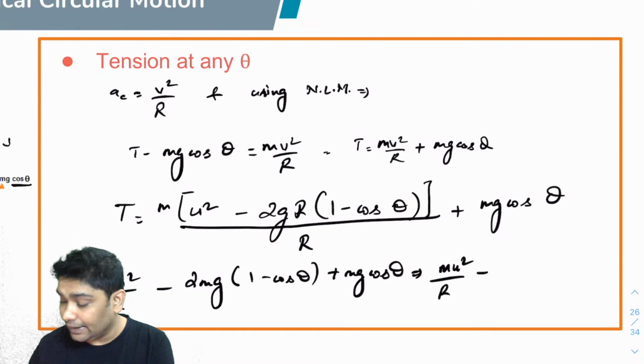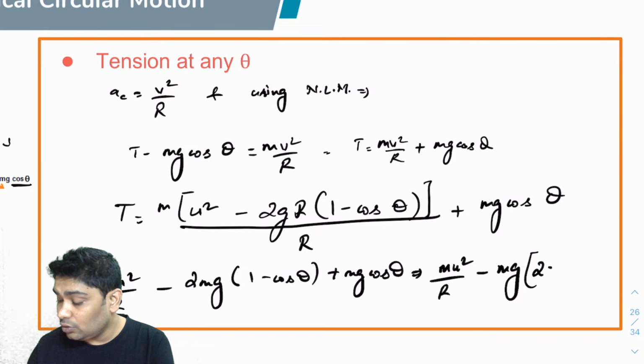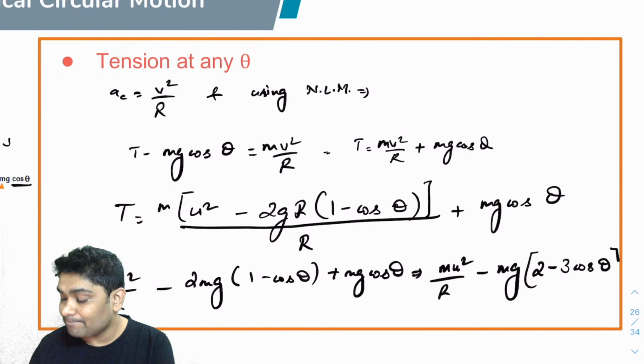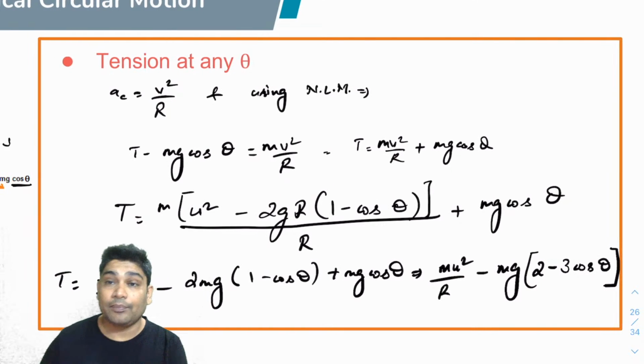I can take the 2 inside. mg times (2 minus 3 cos theta). That is what you will get.